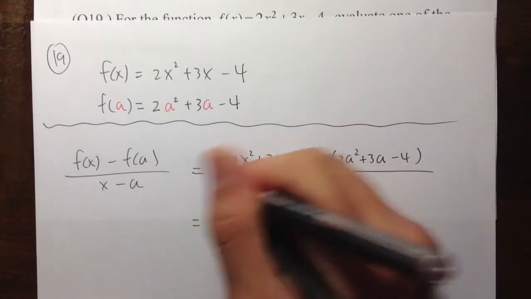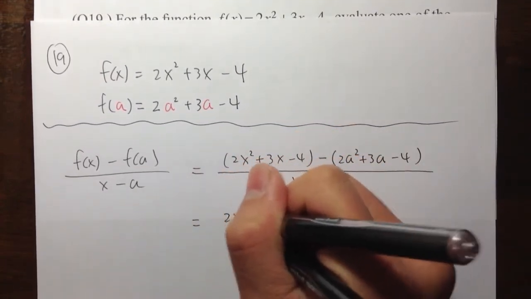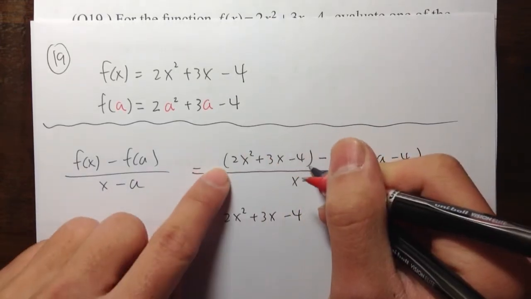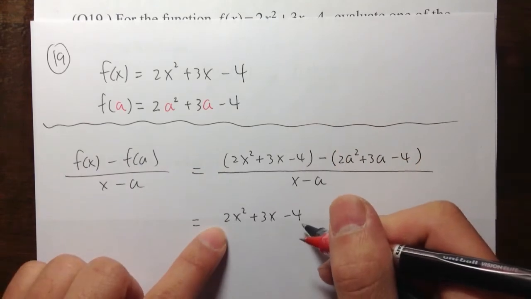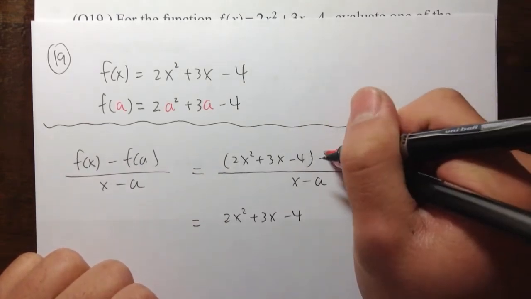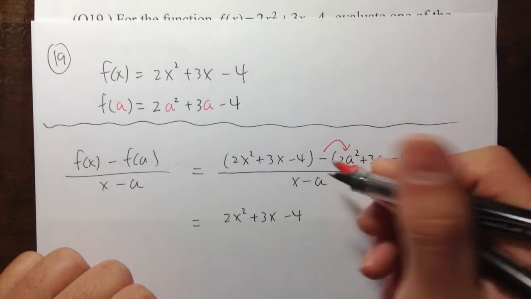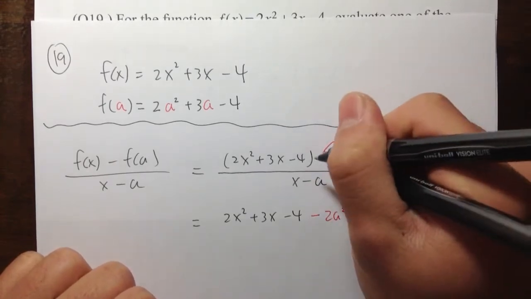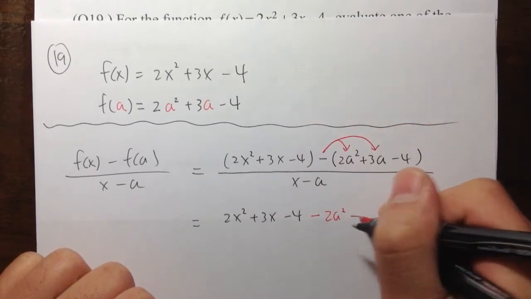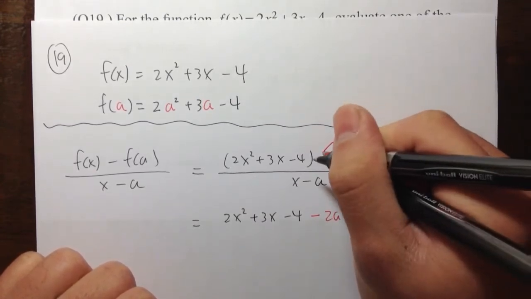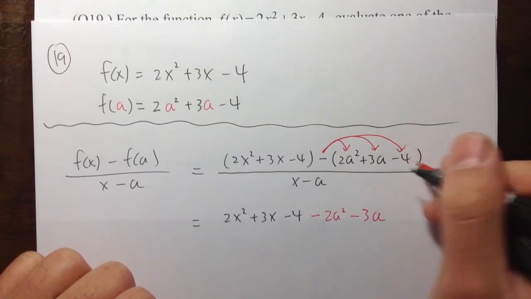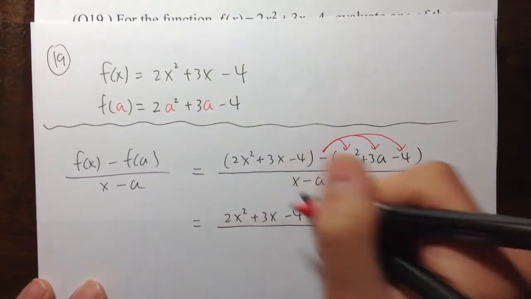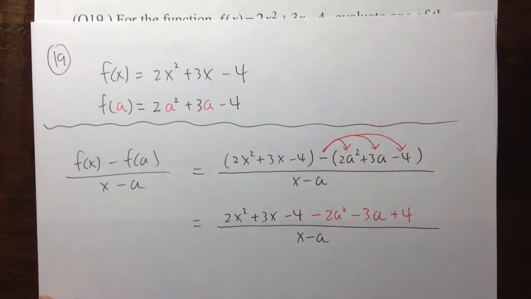The first parentheses doesn't matter, so it's just the same inside: 2x squared plus 3x minus 4. For the second one, take the negative and multiply inside, and I get negative 2a squared, negative 3a, and negative times negative 4 gives plus 4. Everything divided by x minus a.